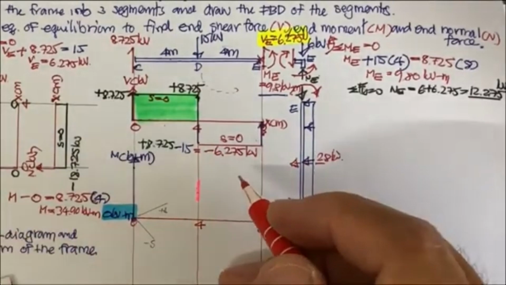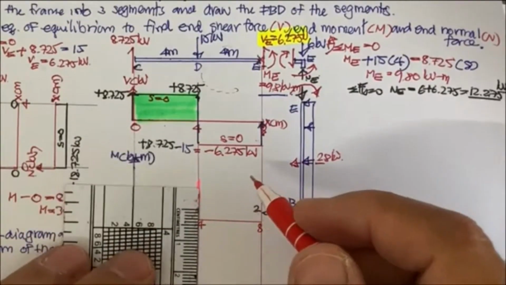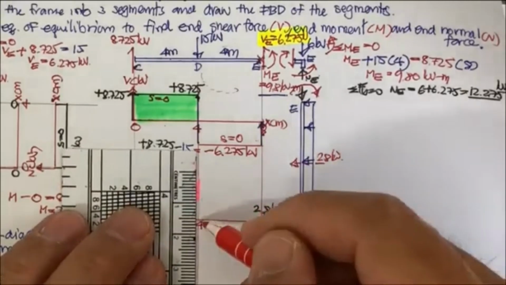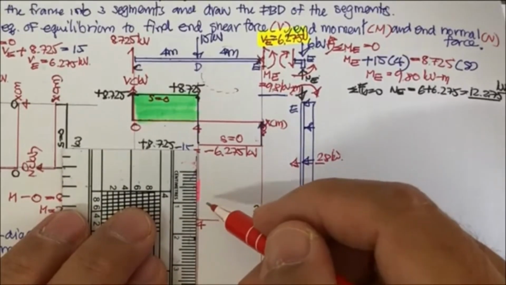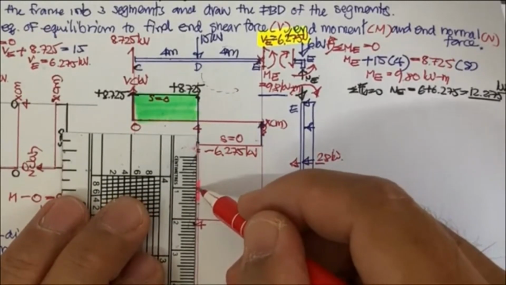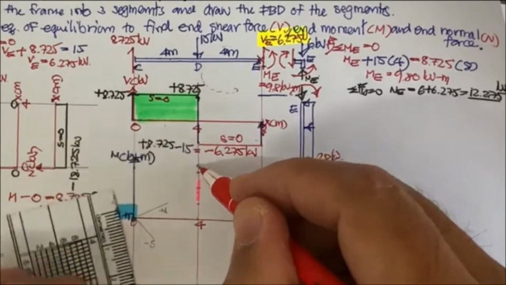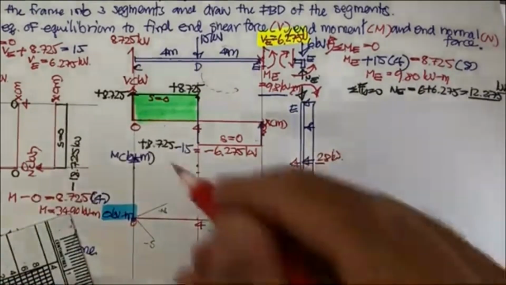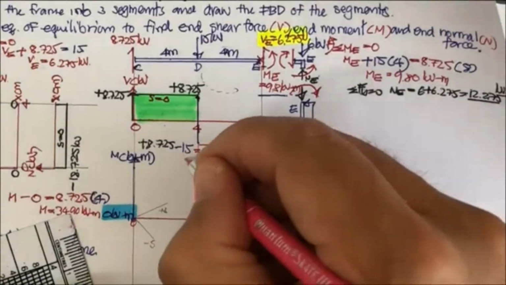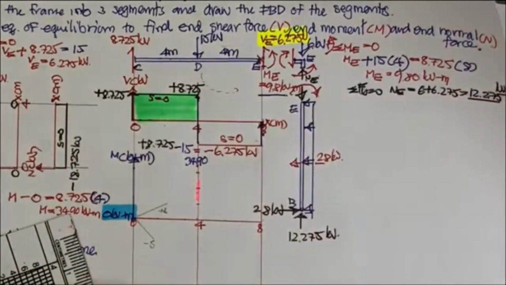So let's see. Let me set the scale, this is 30, 10 for 5, 10, 20, 30, and this one is about 34. This is going to be 34.9 kilonewton meter, if you like.